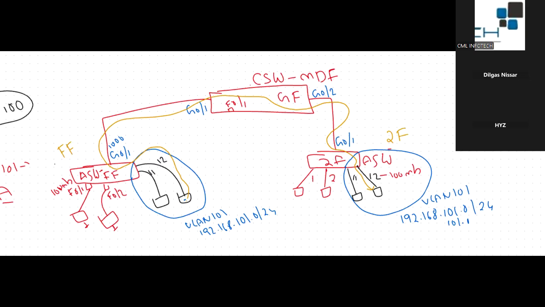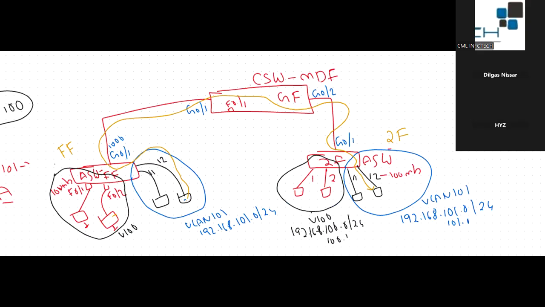Hope you understand. Same way, these two computers, let's say this is in VLAN 100. The network we are planning to give is 192.168.100.0. Same way, 100.1 is the gateway. Here also the same, 100.1 is the gateway.